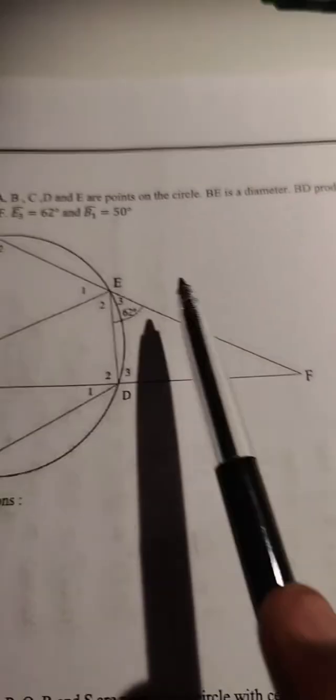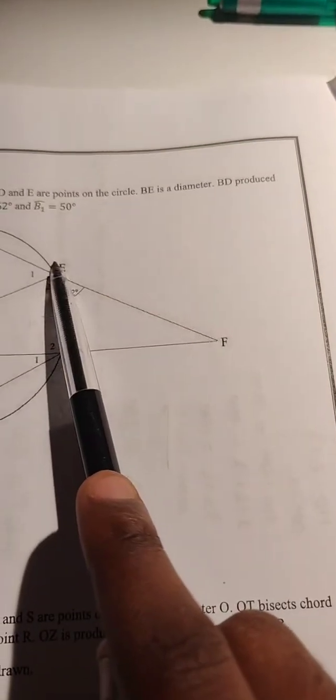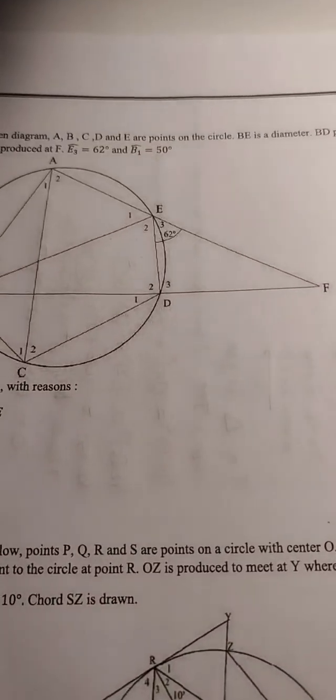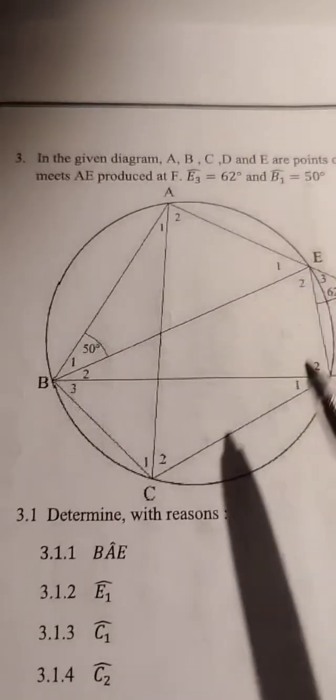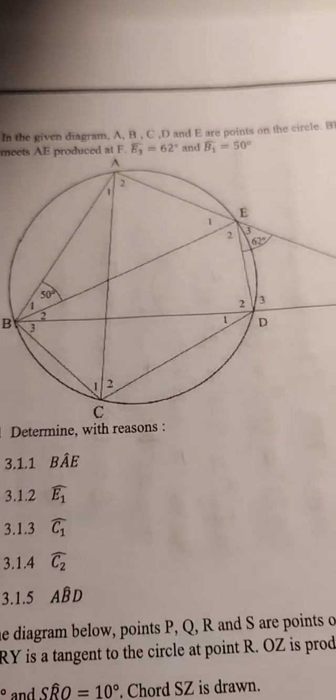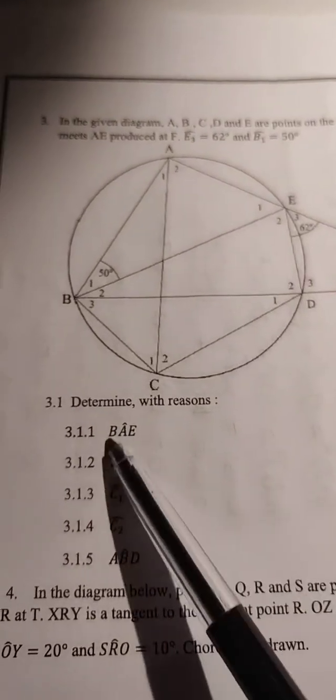BD is produced, and it meets AE at F. E3 is 62 degrees. It's labeled. B1 is 50 degrees. It's also labeled. So we have all that there.